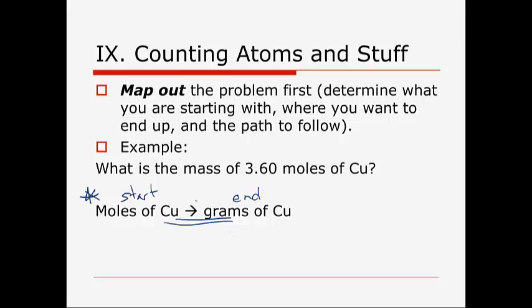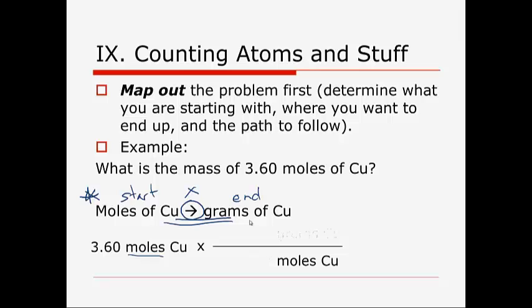This arrow just simply means multiply, okay, by your conversion factor. So 3.60 times moles of copper, you see the arrow times something over something. Okay, common dimensional analysis. Units you want go on the bottom, or units you're getting rid of go on the bottom. Units you want go on the top, and get in the habit of writing out what the substance is.